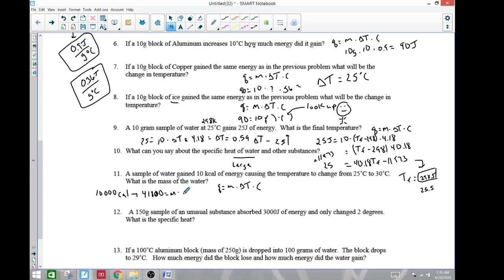Change in temperature is only 5 degrees. And then 4.18. So really, this is just an exercise in a little bit of algebra.